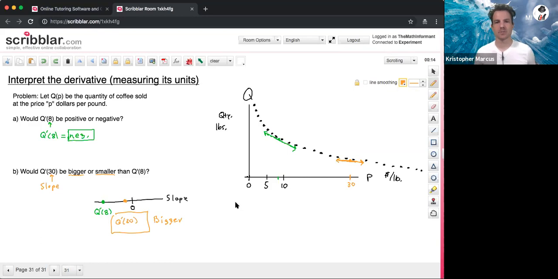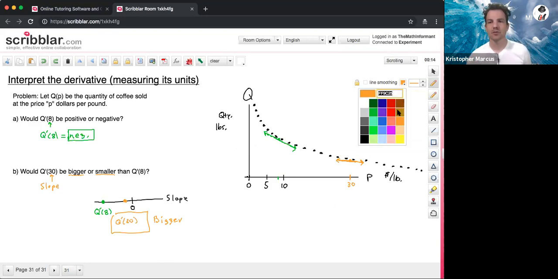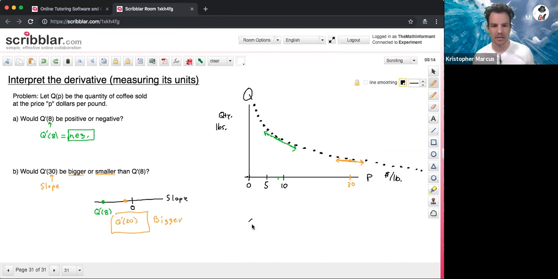One extra comment to make: sometimes they like to talk about units. The units involved with this, if we throw in an extra question, how about part C? Units that we measure are simply rise over run. The rise is measured in the rise or fall of the vertical axis divided by the run of the horizontal.